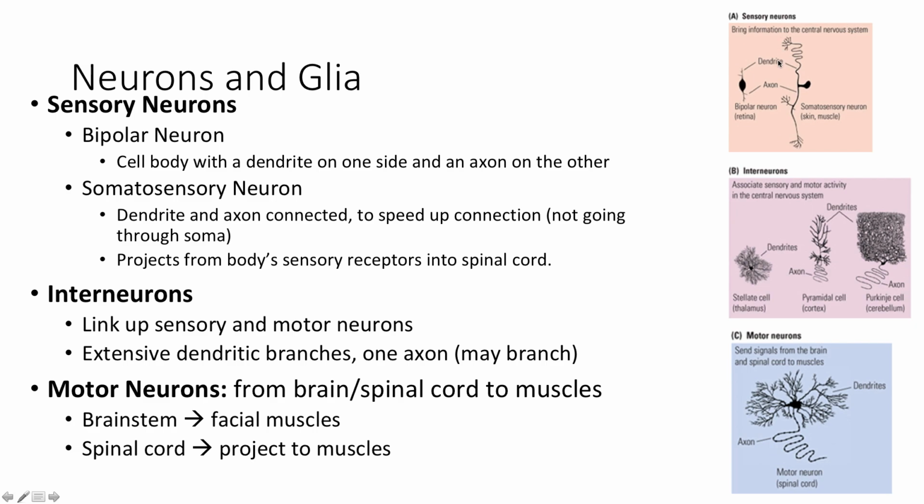So here you see the dendrite, and here you see the axon. The dendrite takes the information, and then it goes past the cell body, and then the axon sends the information to the next neuron. So the information processing goes from the dendrite through the cell body to the axon to the next neuron.